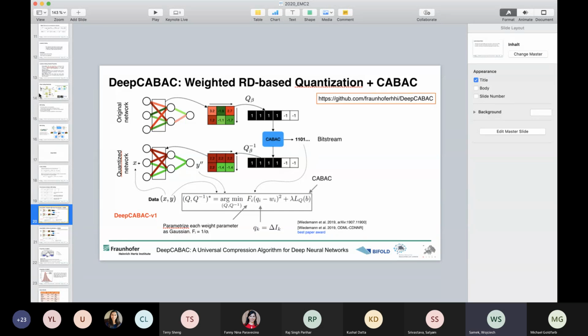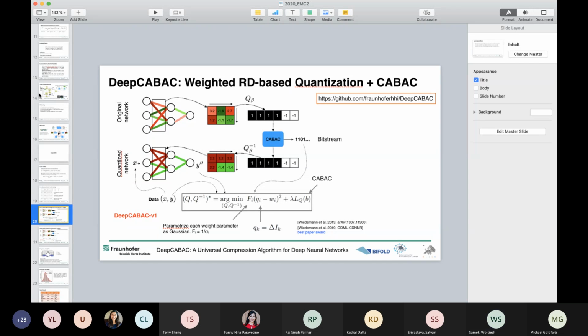So you could define Fi by 1 over the variance, or 1 over the standard deviation in this case. This would allow to get an estimate for this impact. So how impactful are these particular weights on the prediction?